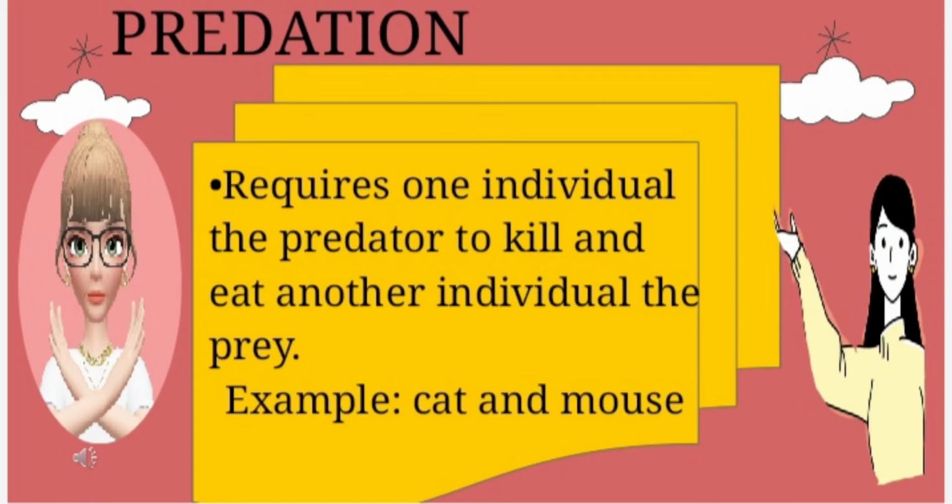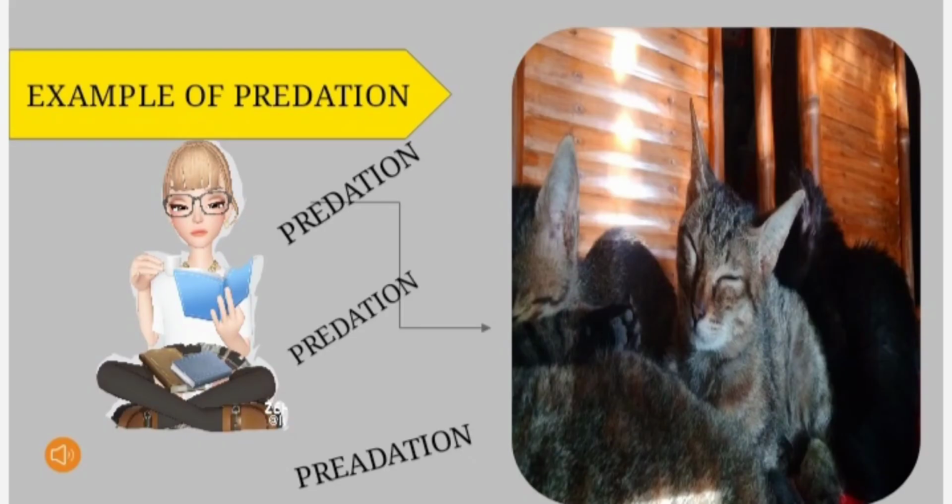The second type of interaction is predation. Predation requires one individual, the predator, to kill and eat another individual, which is considered the prey. An example that we can see on the slide is the cat and the mouse.